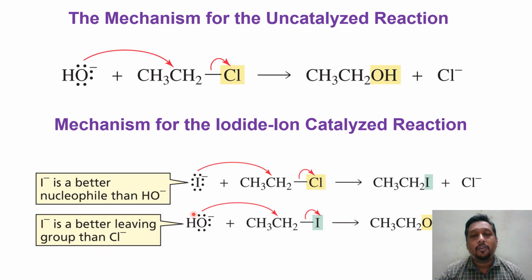So a weak nucleophile OH minus can attack the ethyl iodide, thereby expelling I minus to give the desired product. So initially a single step mechanism in the uncatalyzed reaction turned into a two-step pathway. Thereby I minus is acting as a nucleophilic catalyst and eventually it decreases the energy of activation.